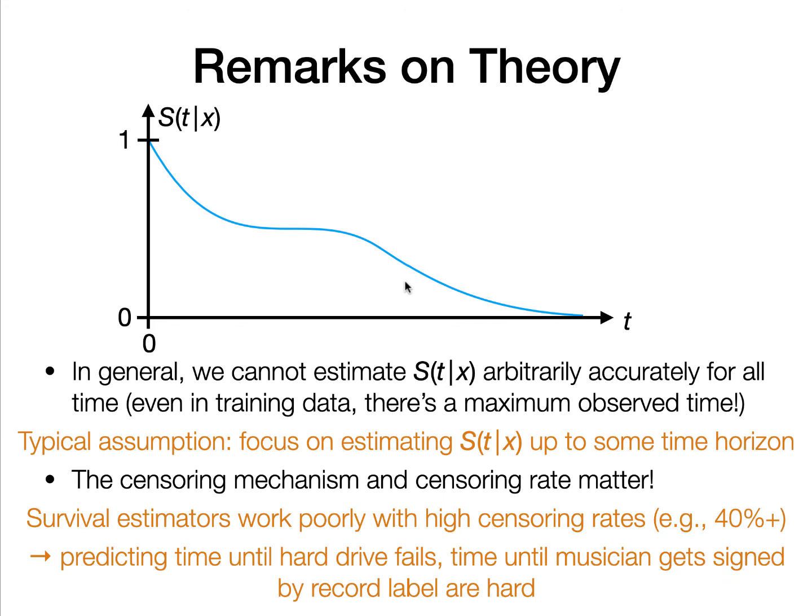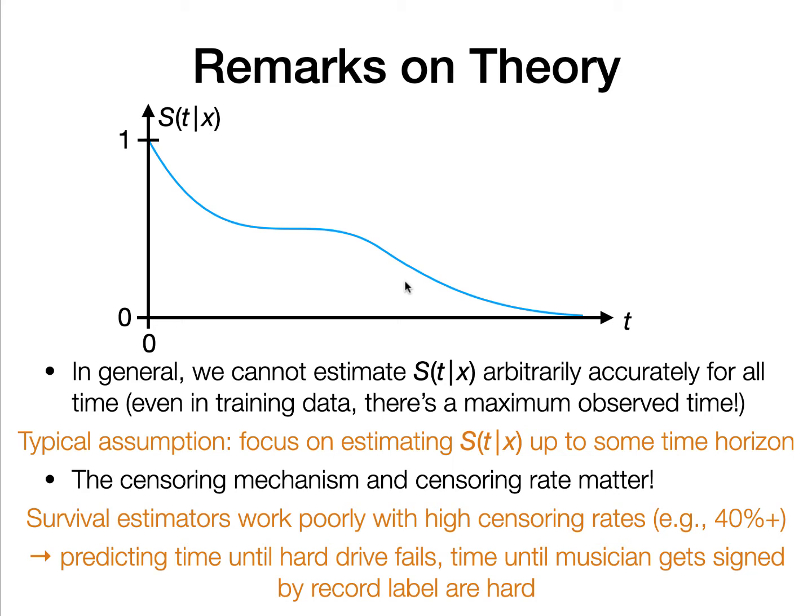For example, if you're predicting time until a hard drive fails or time until a musician gets signed by a record label, both of these prediction tasks are very hard, and part of the difficulty is that very few hard drives fail. So the percentage of data points that are not censored, for which you actually see the time until failure, is going to be very, very tiny.